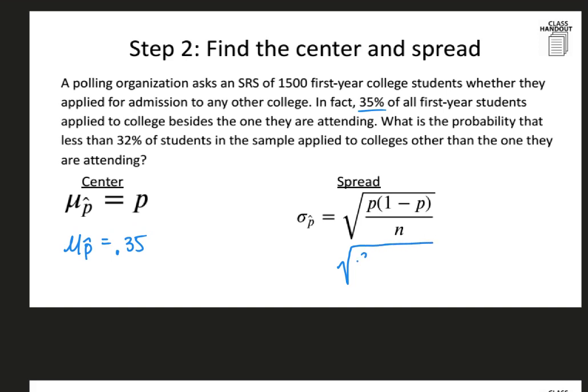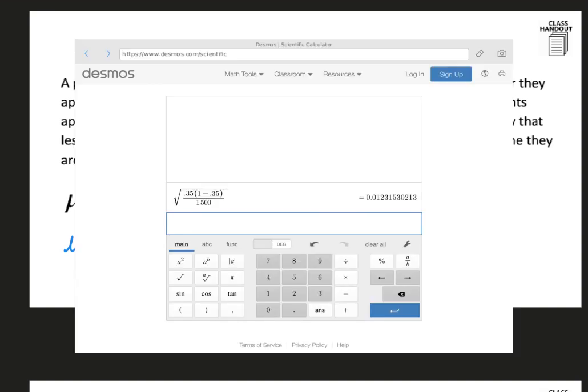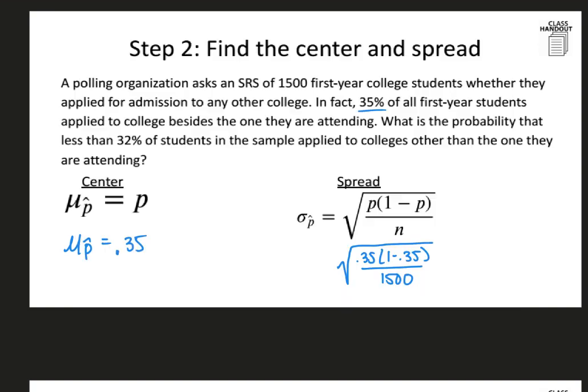So it's going to be the square root of 0.35 times 1 minus 0.35 over 1500. So when we put that in our calculator, we get 0.0123. So I'm going to round to 4 numbers after the decimal.